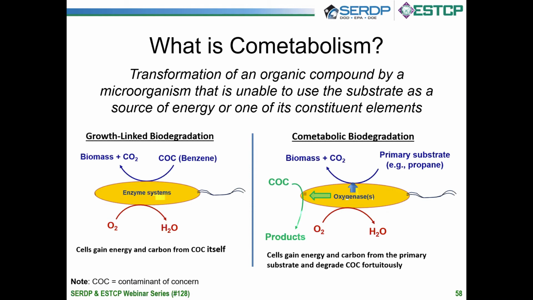And a lot of these oxygenases have the ability to degrade several different contaminants. These organisms can express several different oxygenases and again have the capability to degrade a mixed contaminant plume.